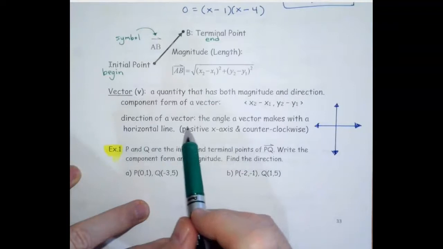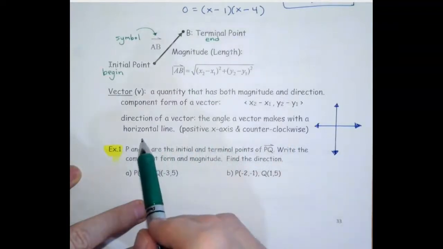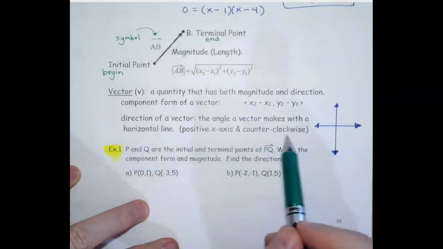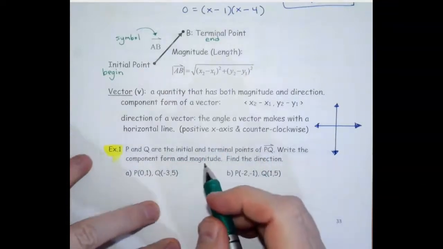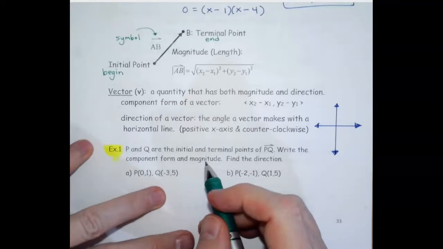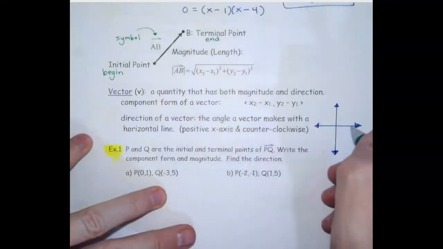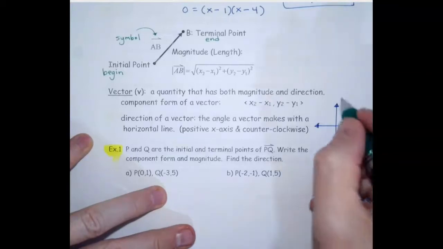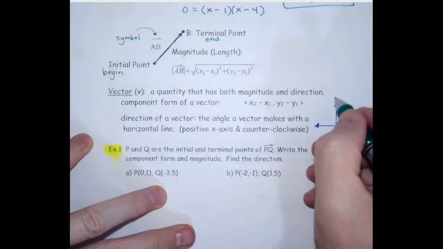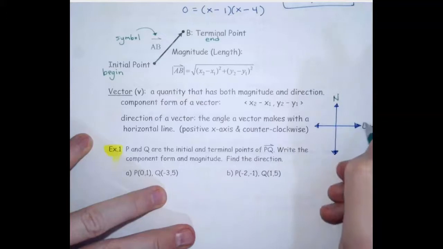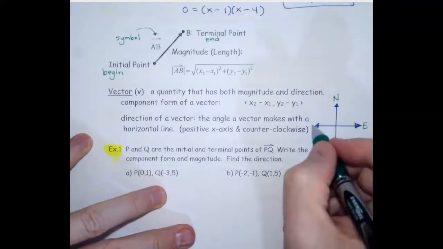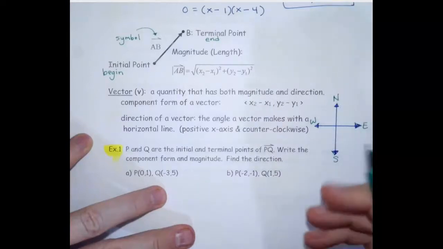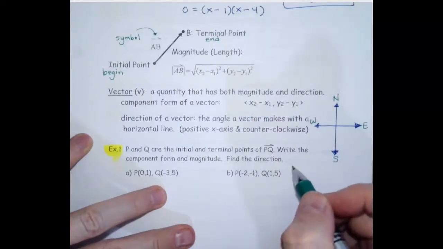The direction of a vector is the angle it makes with a horizontal line. So you want to use the positive x-axis, and you want to start from the east. Our directions, if you recall, are never eat soggy waffles, to help you with your directions if you don't remember them.